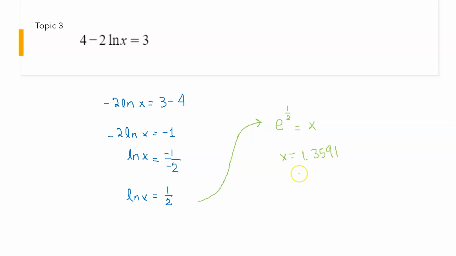Depending on how many decimal places you have to round your answer, if you were asked to write the answer with 3 decimal places, it would be 1.649. But if you have to round your answer to the nearest hundredth, then it will be only 2 decimal places, and that will be 1.65.